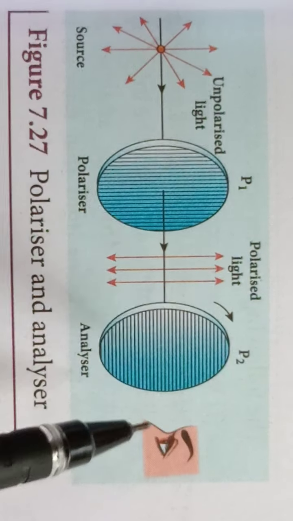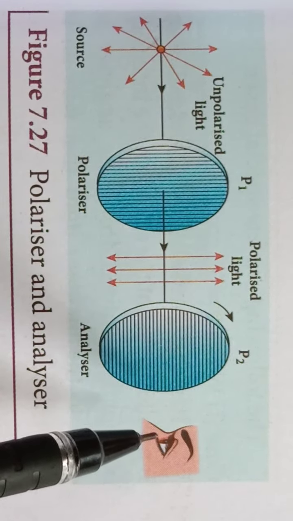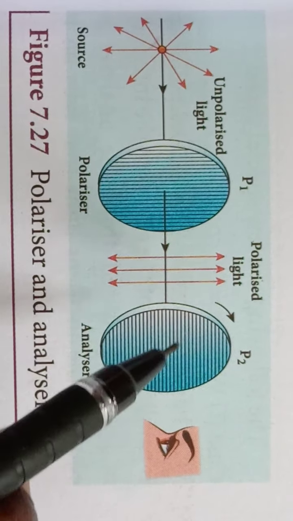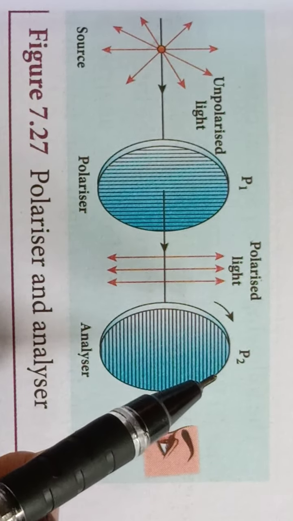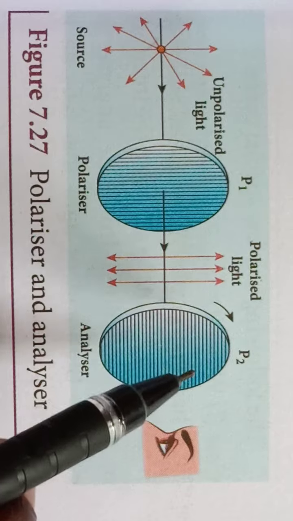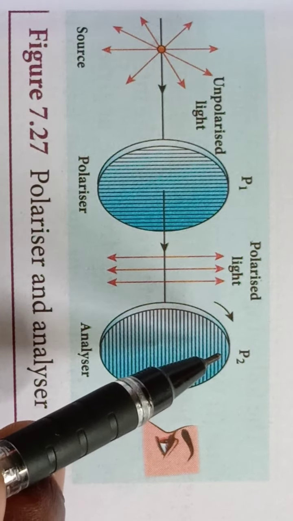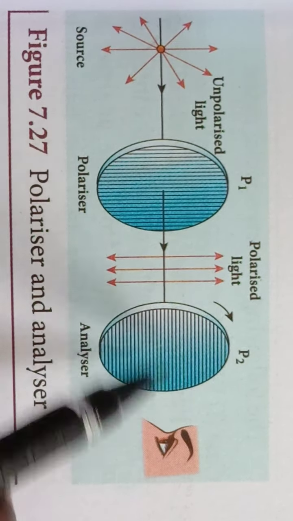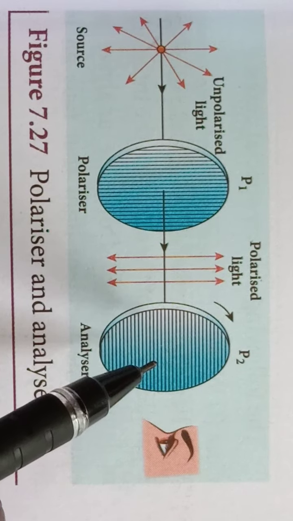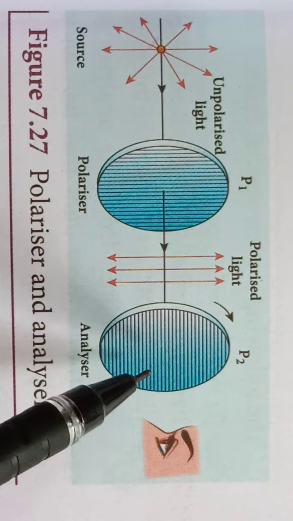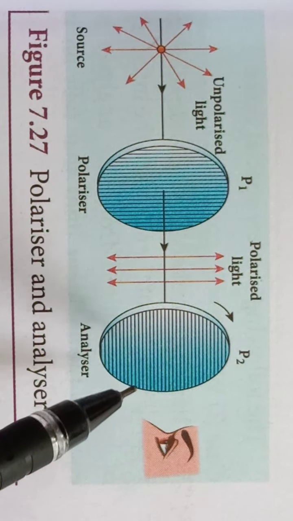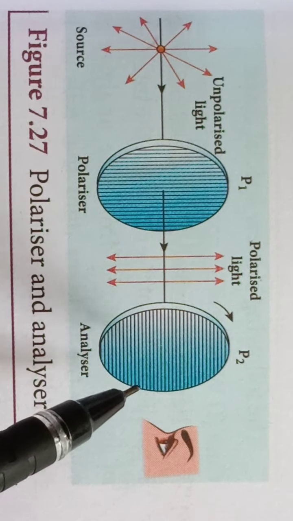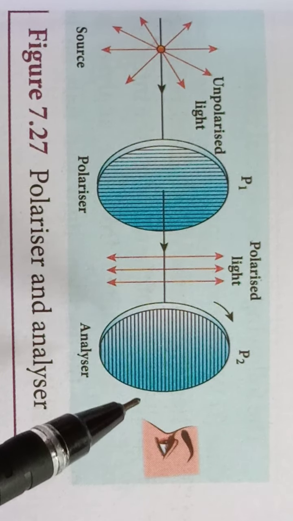When the rotation takes place, the line becomes straight. When the two are kept parallel, you see the maximum intensity of light. With further rotation, the intensity of light decreases, and finally, when the rotation reaches 90 degrees, like this, we can't see any light after this analyzer. Clear to you?